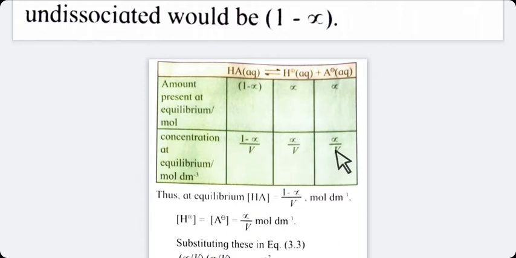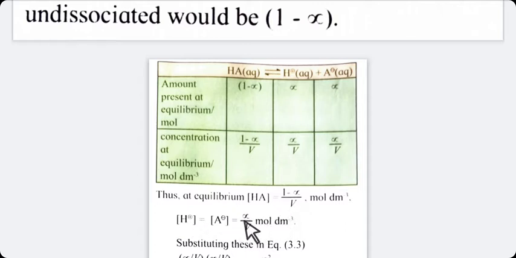Same here also. Now see here, it is the concentration of HA, it is the concentration of H plus, it is the concentration of A minus. That's why at equilibrium, the concentration of HA is 1 minus alpha upon V mole per decimeter cube.